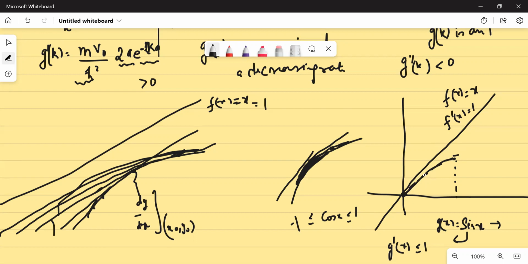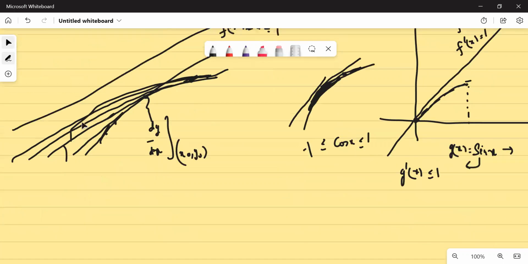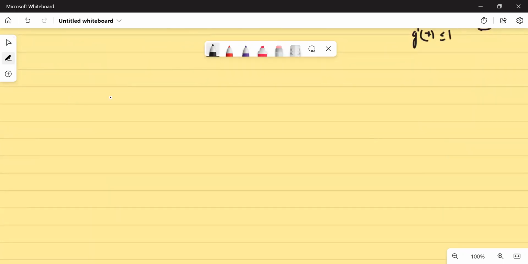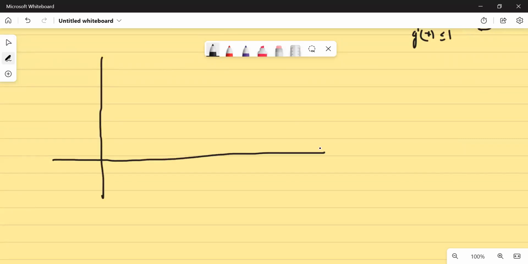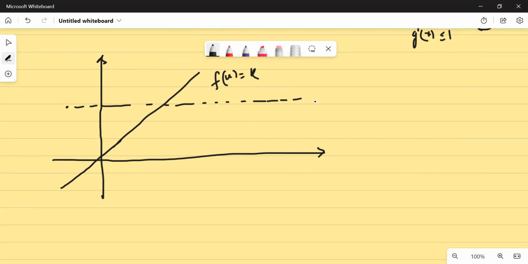So instead of comparing the functions directly, you can compare the slope of the tangent drawn at any point on sin x with this particular line, which has a constant slope of 1. I have explained certain things above. Now tell me, what will be the condition of intersections? Let's say this is my f(k) equal to k, and my g(k) is given by m v naught upon h bar squared, times (1 minus e to the power minus 2ka).